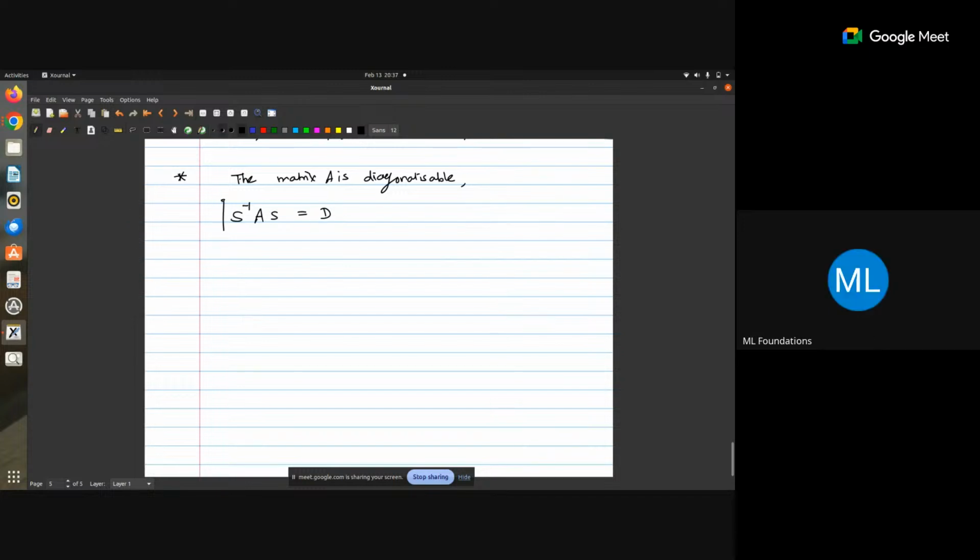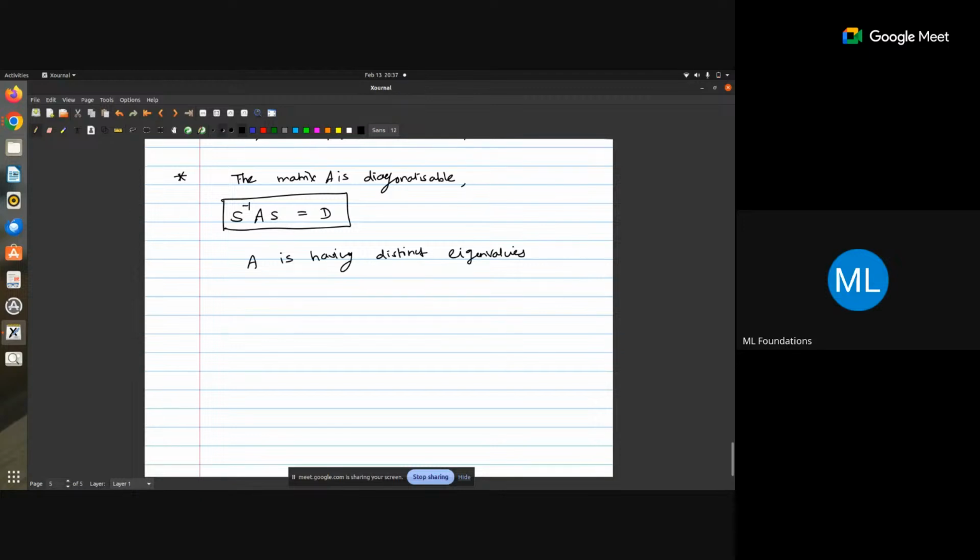That is what we said, and this happens when your matrix A has real, distinct eigenvalues. Real is fine, I'm just talking about real matrices.